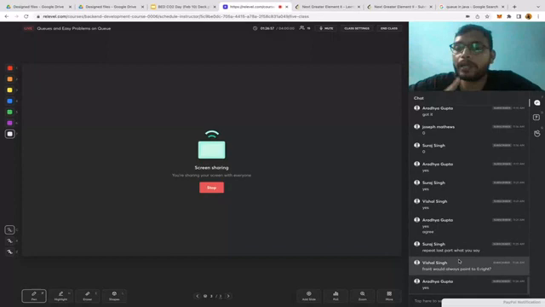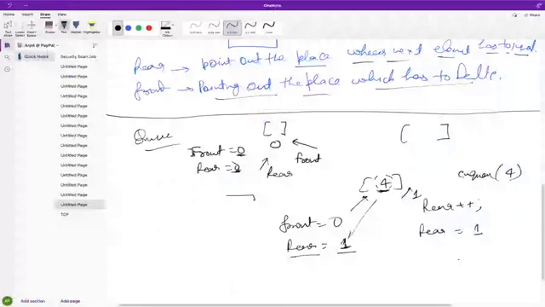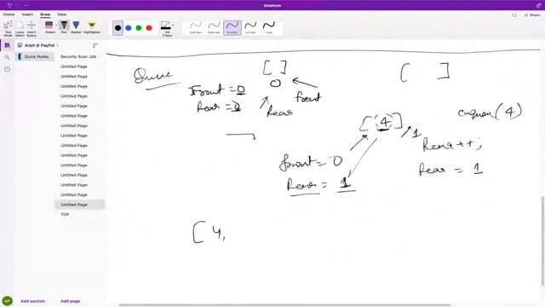Front will always point to the element which we need to delete, and rear will always point to the position where the next element has to be inserted.